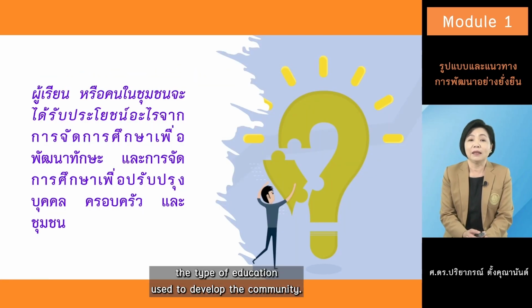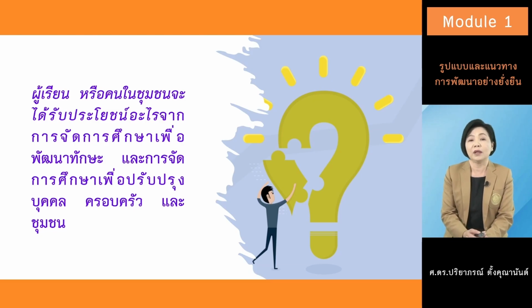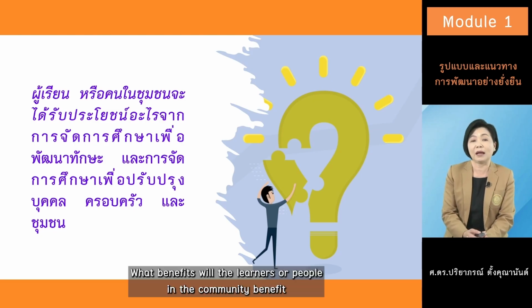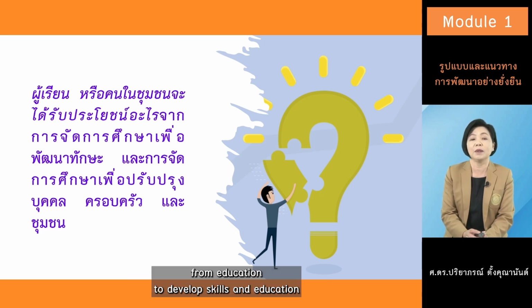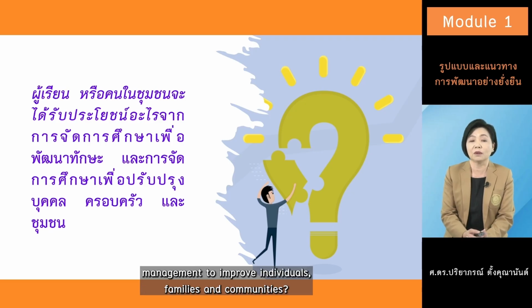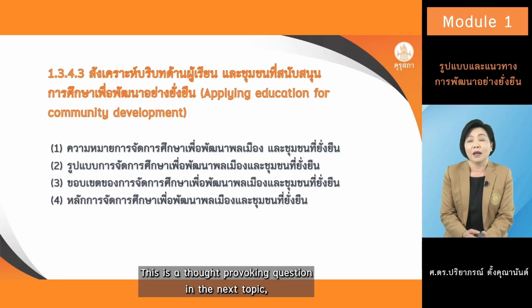From the types of education used to develop the community, what benefits will the learners or people in the community gain from education to develop skills and education management to improve individuals, families, and communities? This is a thought-provoking question.